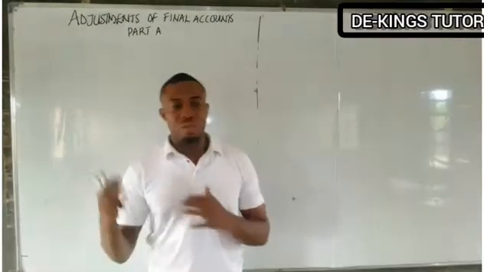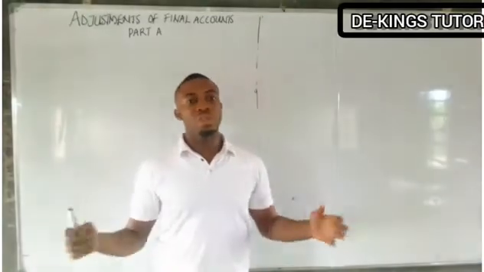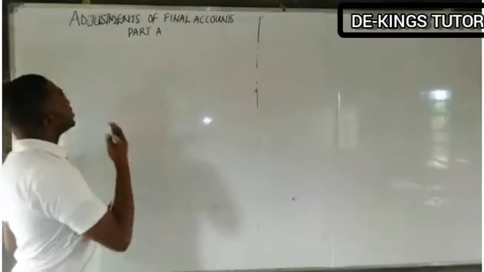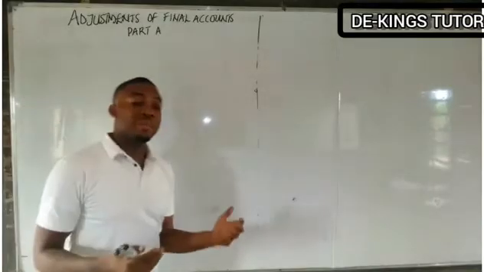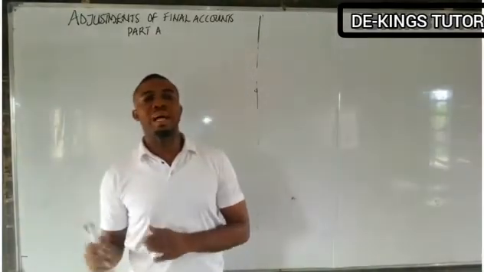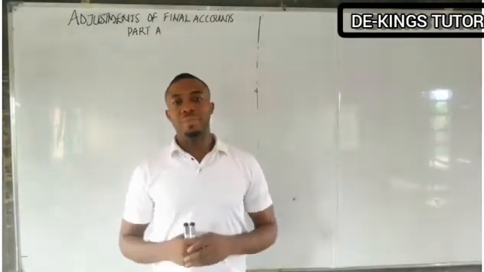Those items are adjustment. So that is what we want to look at, how it is being treated. So the first thing we should look at is adjustment. It's a method of calculating or treating item that appears under the additional information.